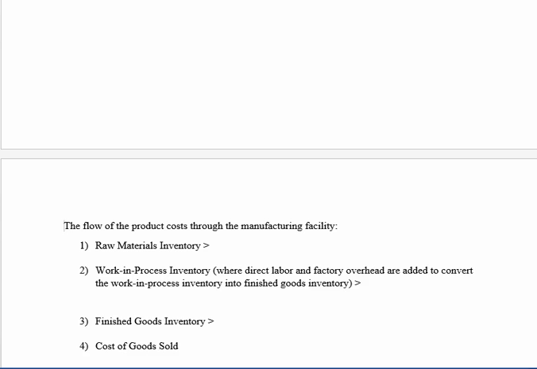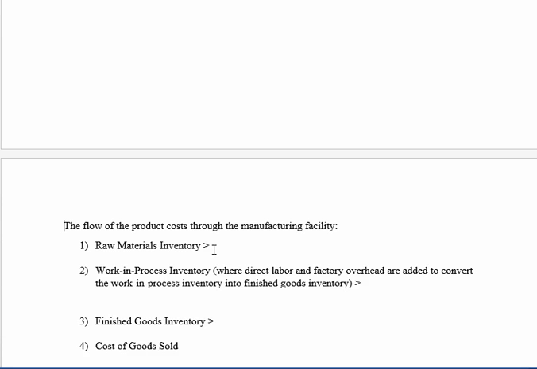I think it kind of helps to understand this if you've been in or worked in a manufacturing facility. You know, you have a warehouse where we stock supplies of inventory of raw materials.